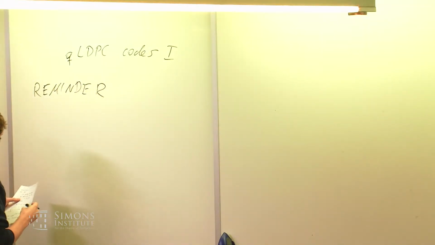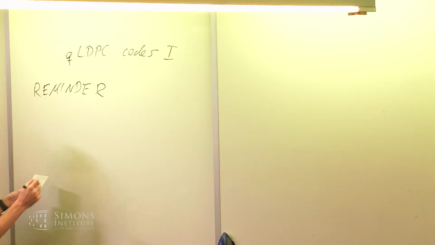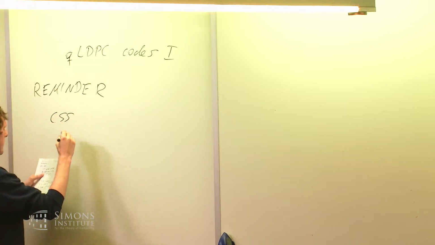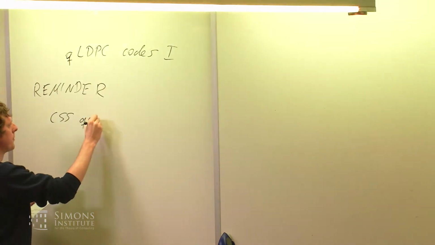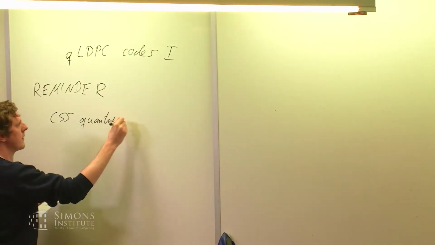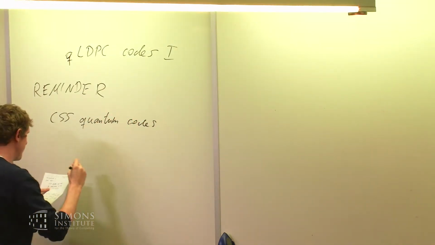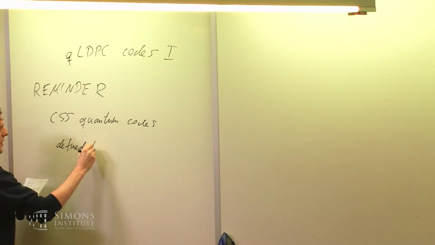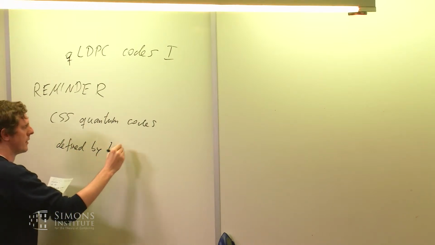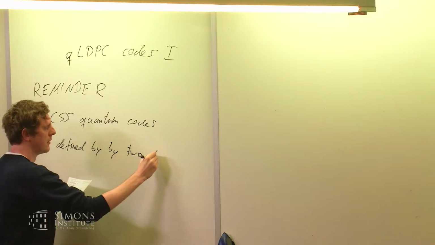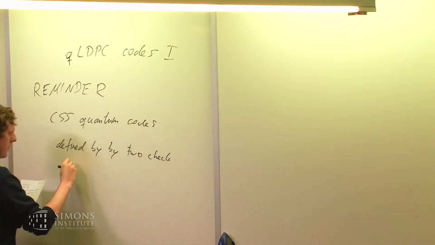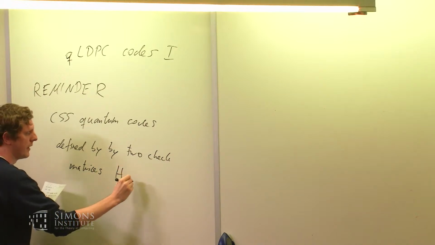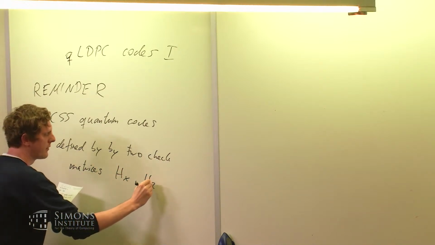In John's talk, he kindly already introduced CSS codes, CSS standing for Calderbank, Shor, and Steane. Quantum codes, and they're defined by two check matrices, called HX and HZ.